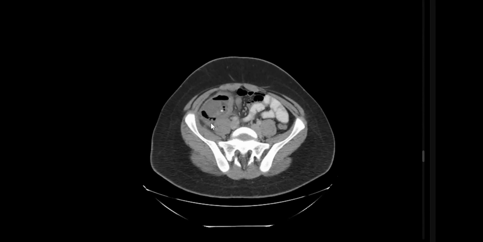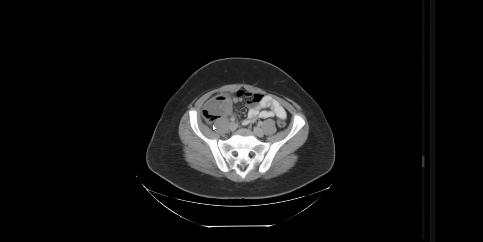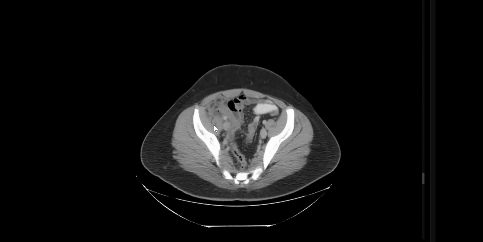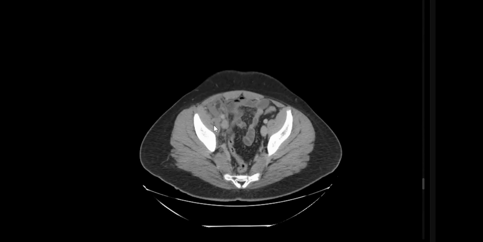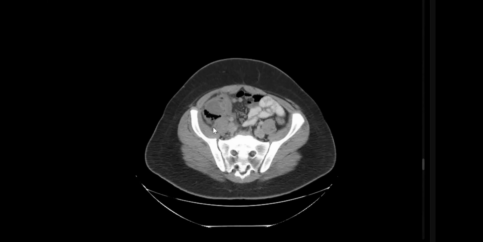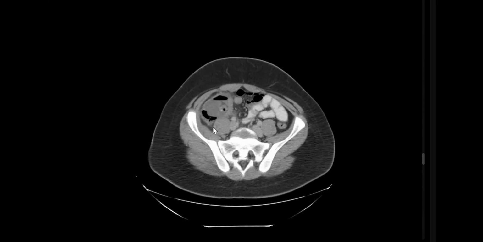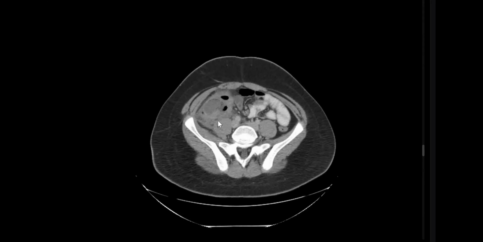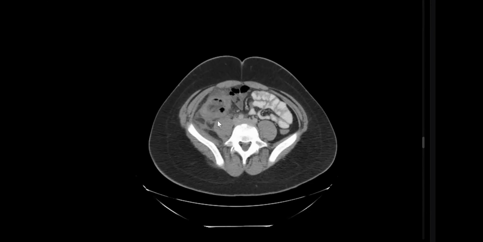Excellent. Important point. What else do you think you should comment on? Sir, pneumoperitoneum, fat stranding, and other complications like thrombosis, vascular thrombosis.